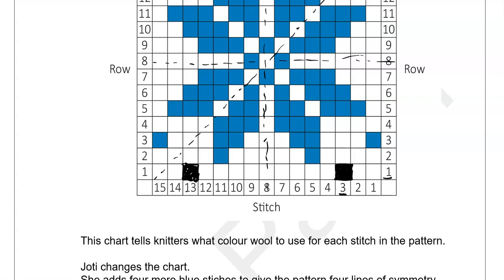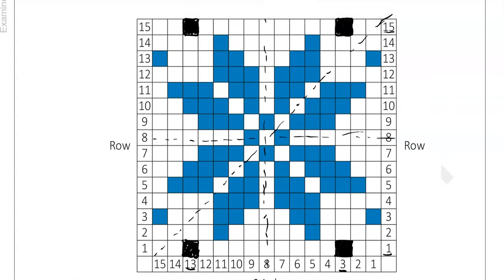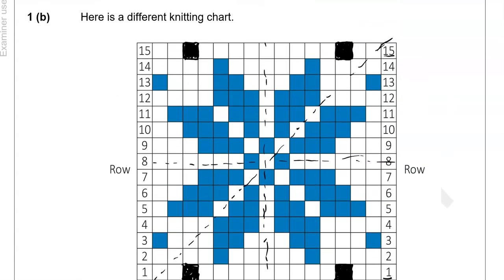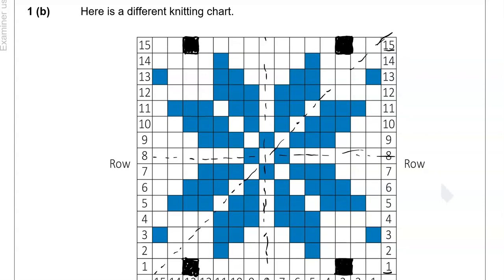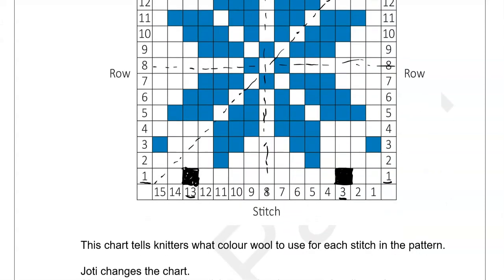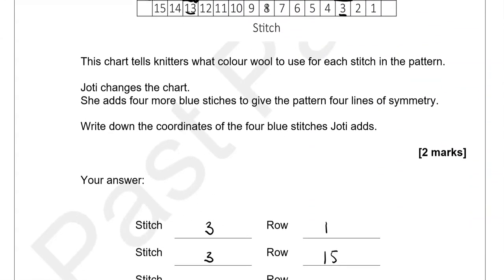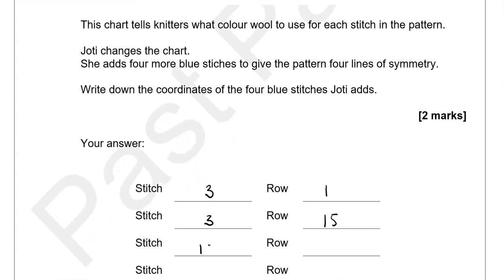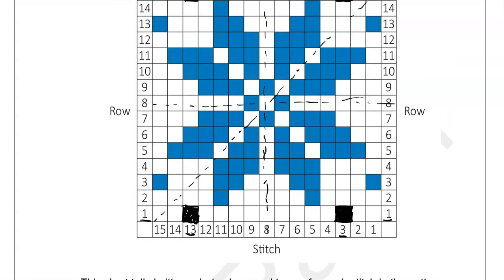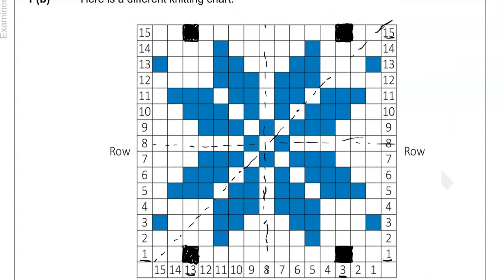This one here, stitch 13, row 1. And finally, we've got stitch 13, row 15.